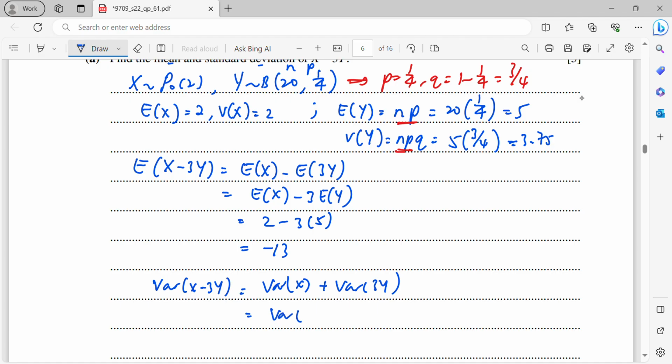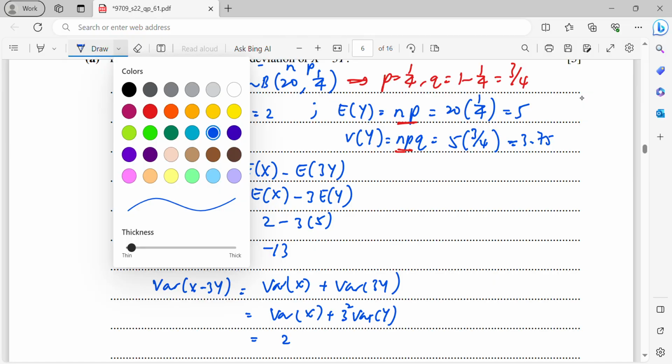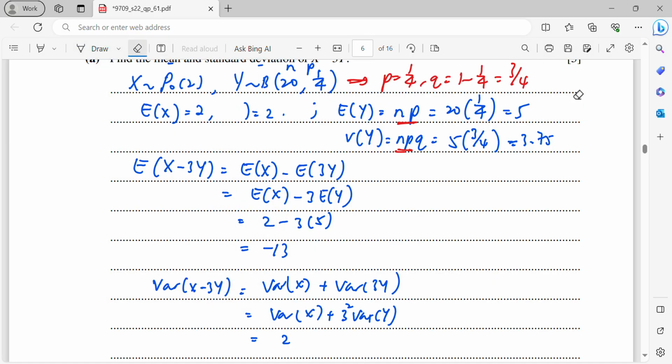So it is the same as variance X plus 3 squared variance Y. You can just write VAR for variance or just write V, up to you. Now replace. The variance of X is 2, so I better standardize my working. So here I write variance X. Otherwise, you will get confused later on.